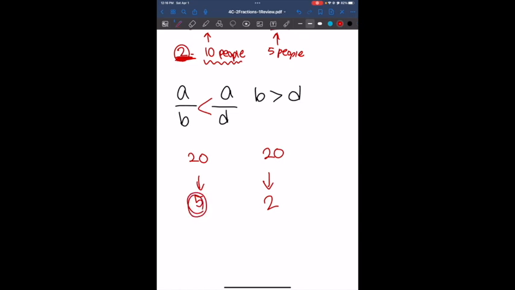This is the number that we're dividing by, so these are the denominators. 20 divided by 5 is going to be 4, so each person is going to receive 4 candies. But when you're only giving it to 2 people, each person is going to receive 10 candies. So when the denominator is smaller, you divide by less, so the result becomes larger.